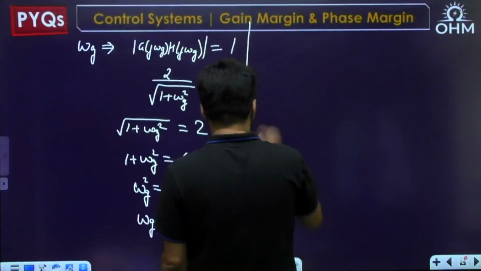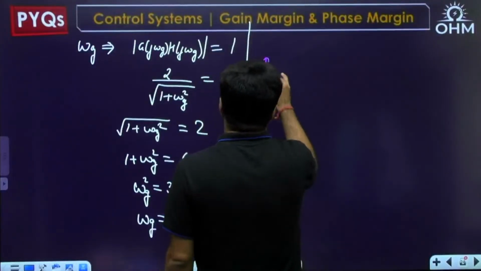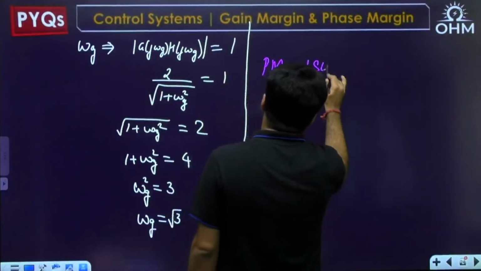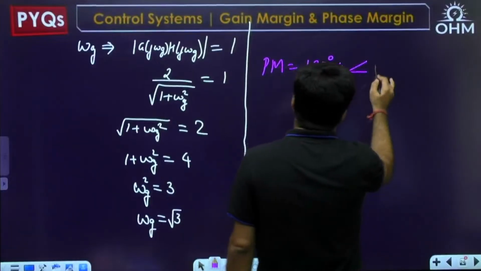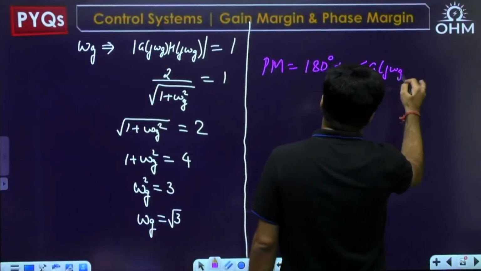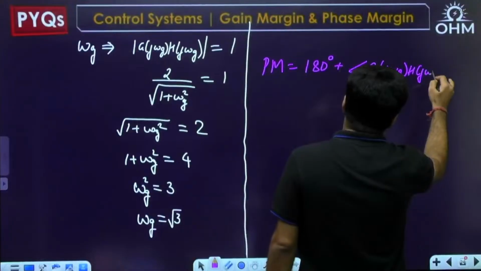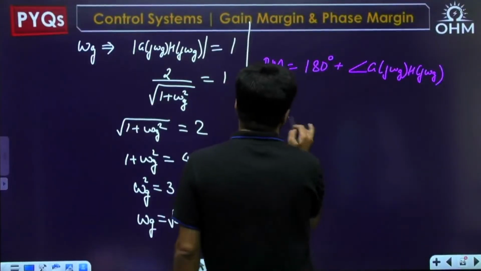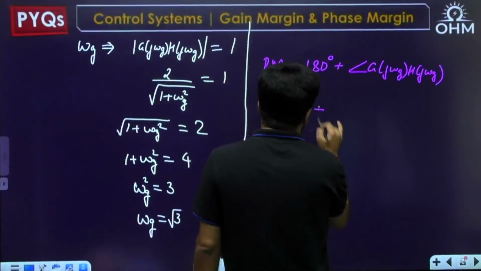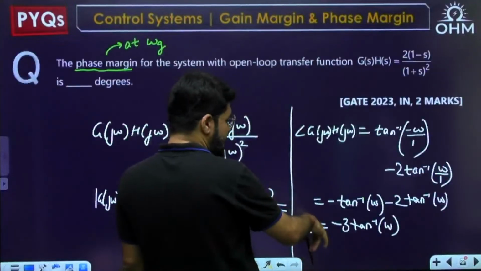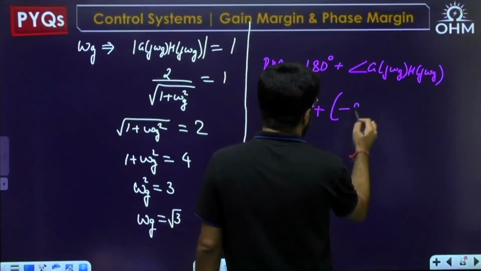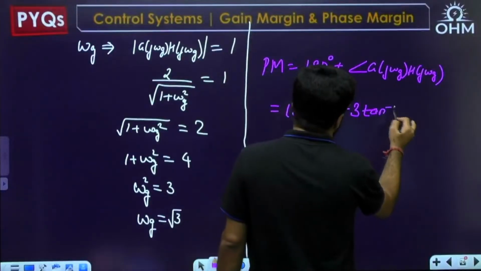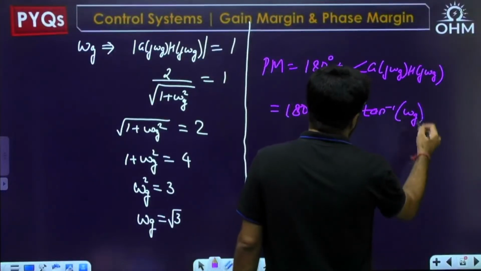Now, the question is on phase margin. So what is the phase margin formula? Phase margin is given by 180 degree plus angle G(j omega g)H(j omega g), the phase at the omega g point. So this is 180 degree. What is the angle expression here? Minus 3 tan inverse omega, at omega g.